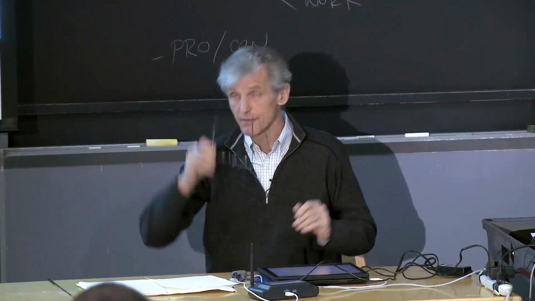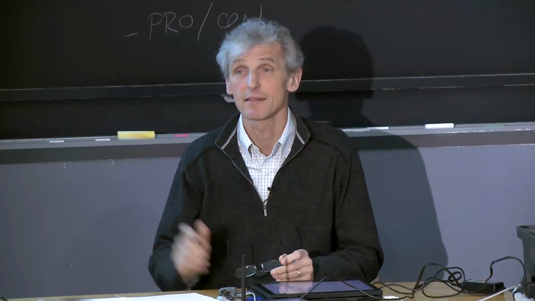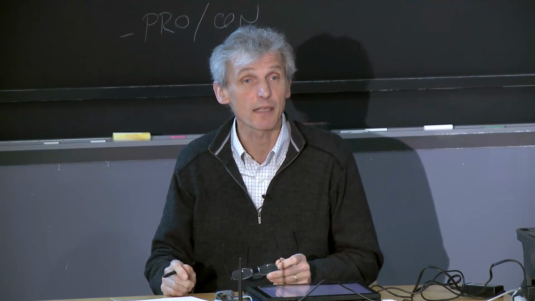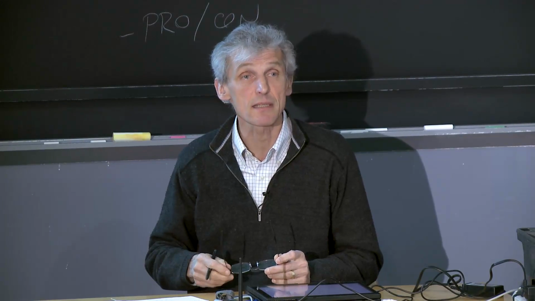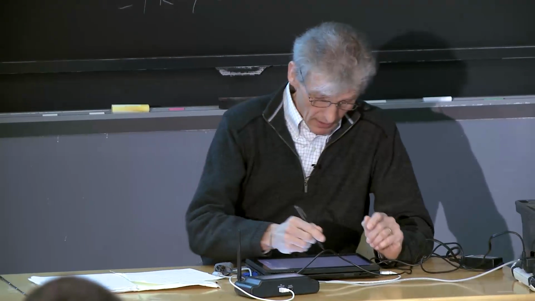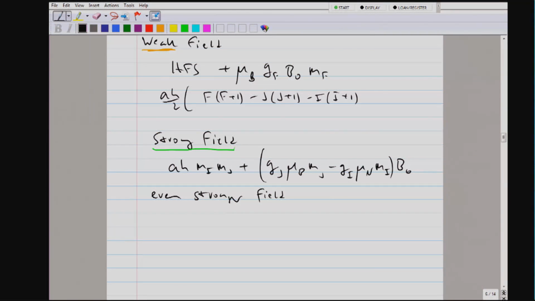Of course, in the age of computers, I could have simply written down for you a Hamiltonian and said, well, it has to be numerically diagonalized. What I discussed instead were the two limiting cases. Now, this discussion allows me to discuss what happens when we go to even stronger fields.